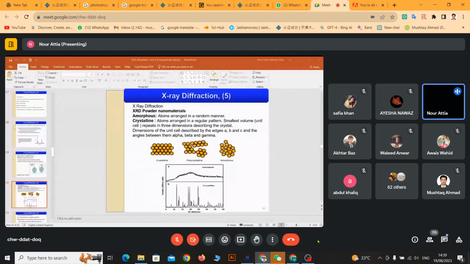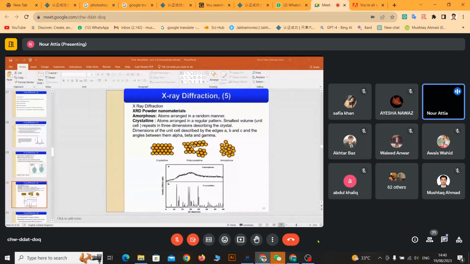When you measure the XRD, the upper graph, A, is for amorphous. Amorphous means the material is not arranged in a regular or ordered form. But the lower one, B, is crystalline material, and each XRD pattern has some specific form.